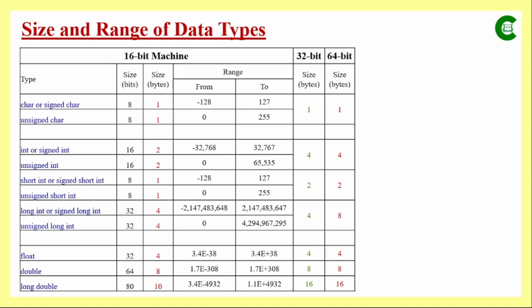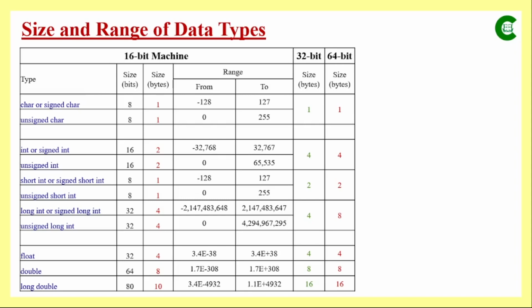So what will happen here is, the whole range, which was 256 when it was unsigned, will be divided into two parts, 128 and 128. The first half will be reserved for storing negative data, from minus 1 to minus 128, and the second half will be reserved for storing positive data, from 0 to 127. So that is the concept of short integer.